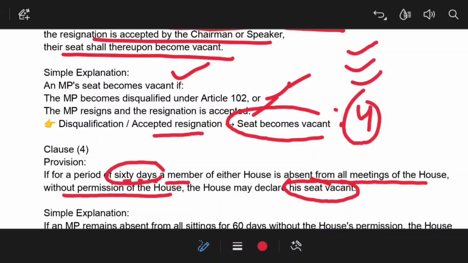Article 102 I am going to discuss. Apart from this, if you submit your resignation to the presiding officer, then your seat can also be vacant. In clause 4 I have discussed that if you are absent continuously for 60 days without informing the house, then also your seat can be considered vacant. So these are the 4 clauses of Article 101. I have discussed them in detail.